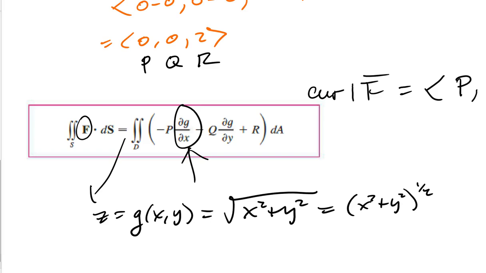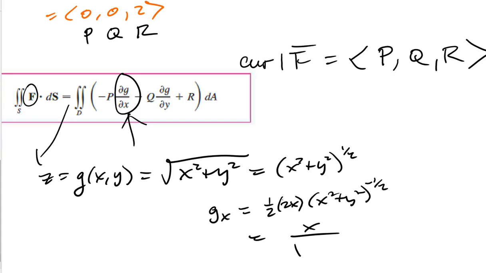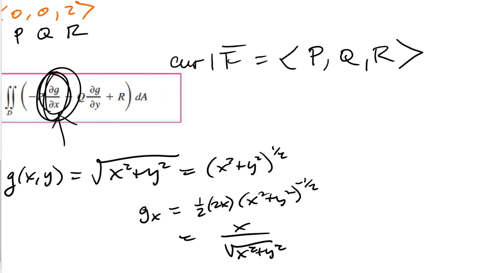And so the partial of g with respect to x would be 1/2 times 2x times x squared plus y squared to the negative 1/2 power. So this would be x over the square root of x squared plus y squared. So that's what would go here. And then g sub y by symmetry would be y over, yeah, exactly. That's what would go there.